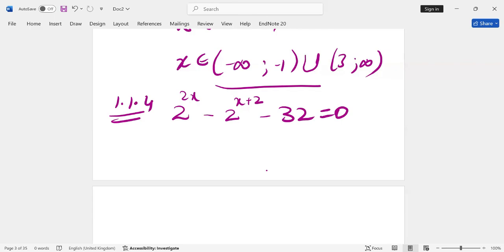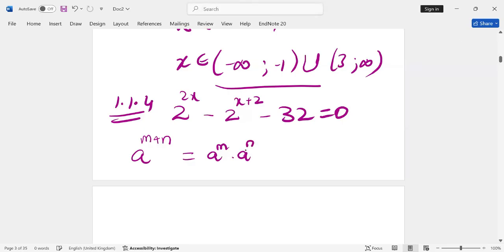So use the exponent rule: when we have a^(m+n), that equals a^m times a^n.